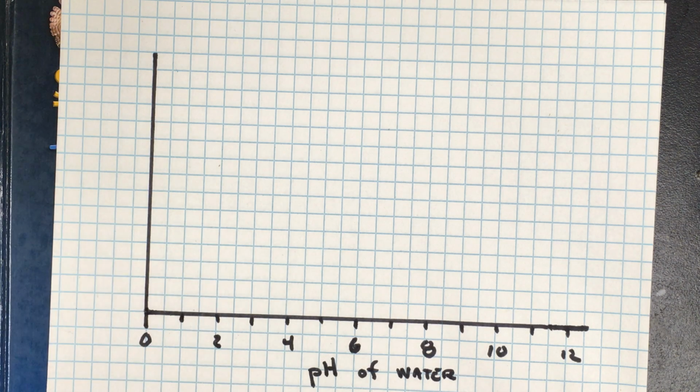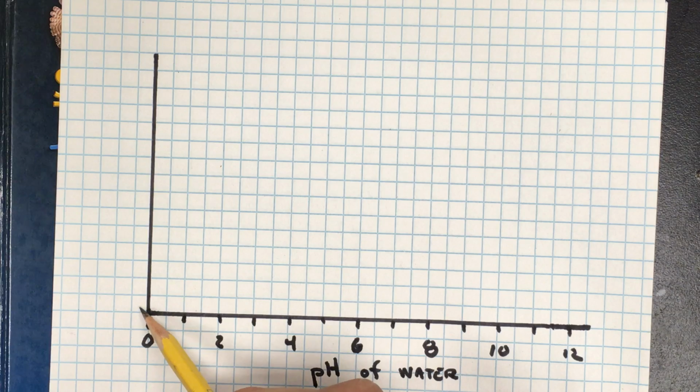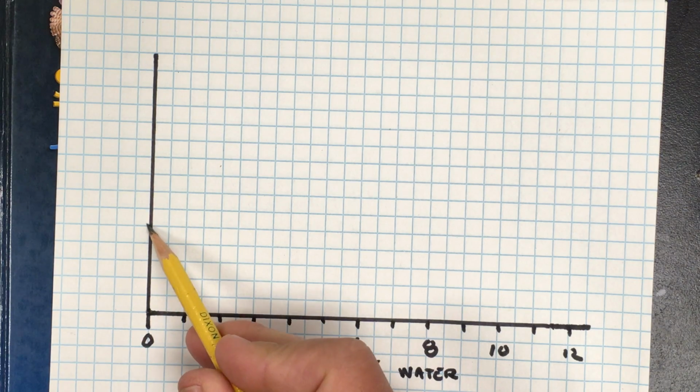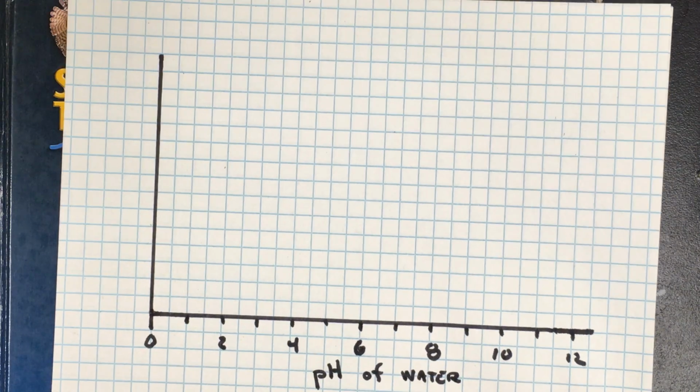My other axis is going to be the number of tadpoles that survive, and we said that should go from about 0 to 100. If I make each line 10, 10, 20, 30, 40, 50. It's going to go up to about there. I could probably do that.